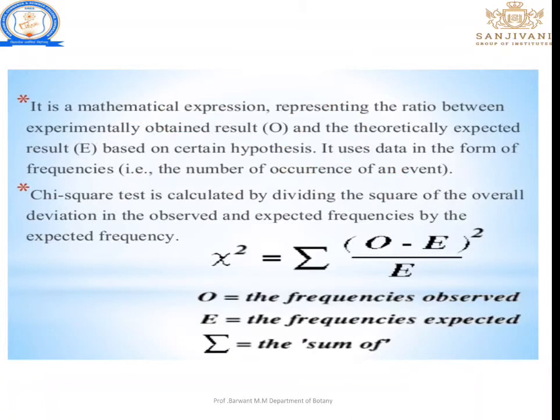It is a mathematical expression representing the ratio between the experimentally obtained result O and the theoretically expected result E, based on a certain hypothesis.